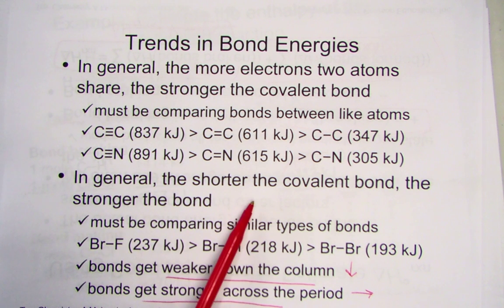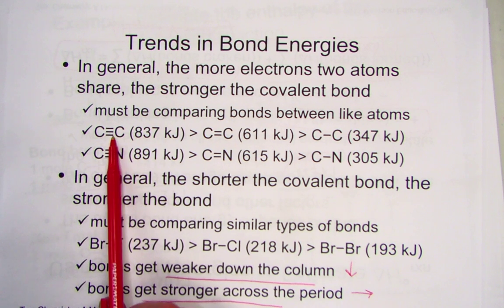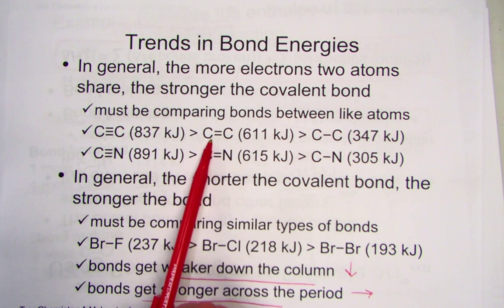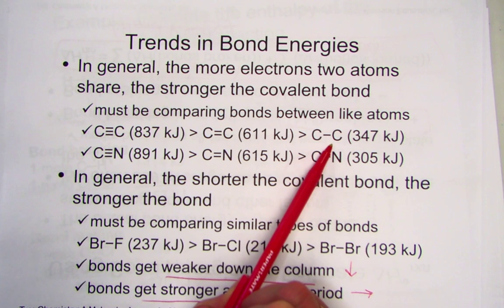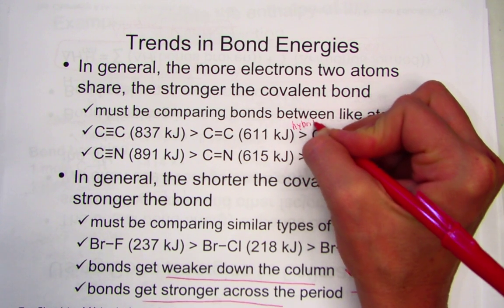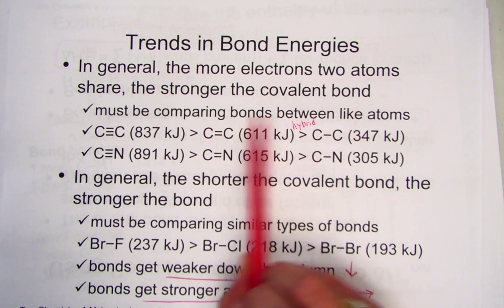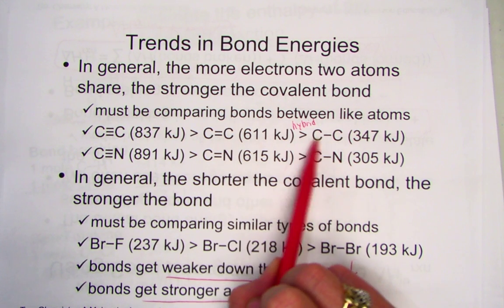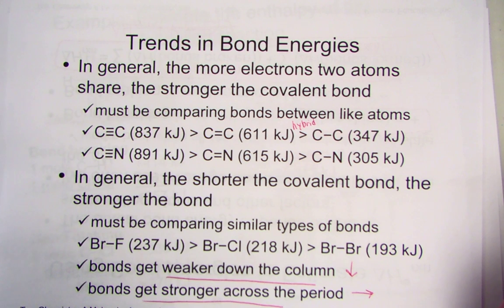In general, the shorter the covalent bond, the stronger the bond. Triple bonds are much stronger than double, which are much stronger than single. And remember that a resonance hybrid would lie somewhere between a single and a double bond, so the amount of energy needed to break a resonance structure is a little different as well.